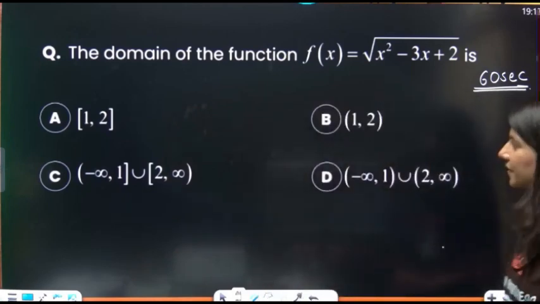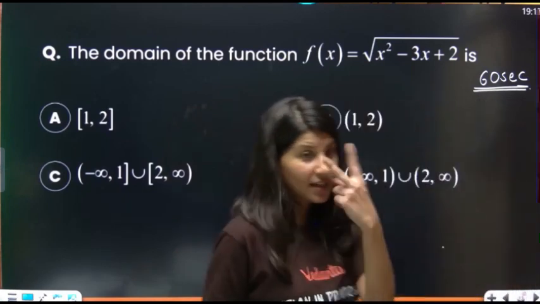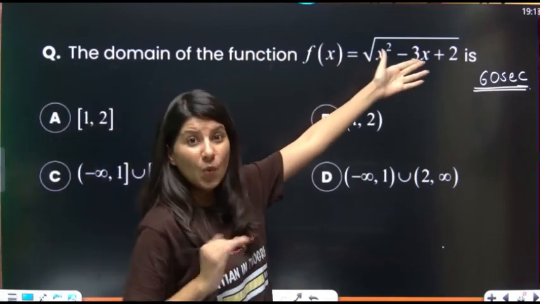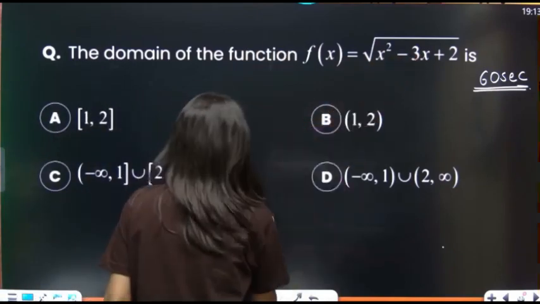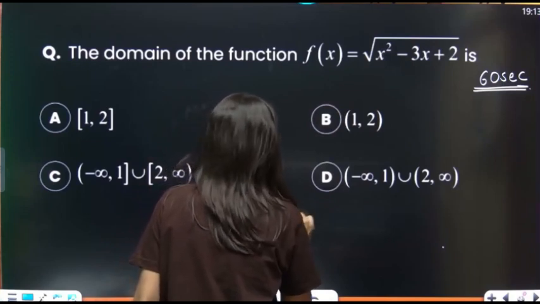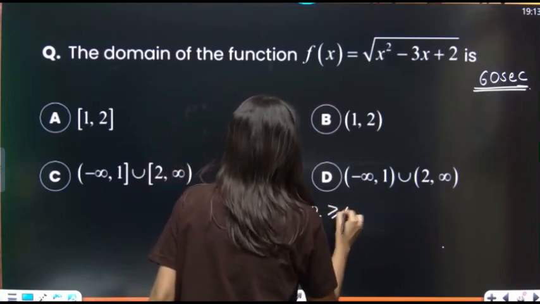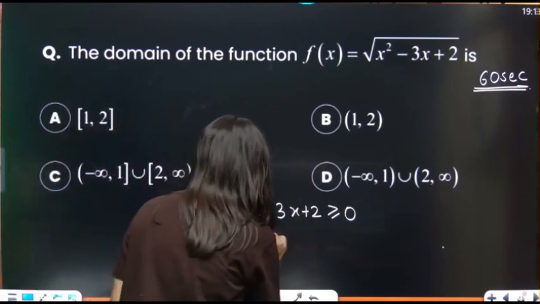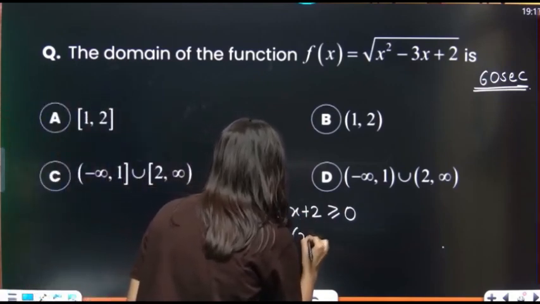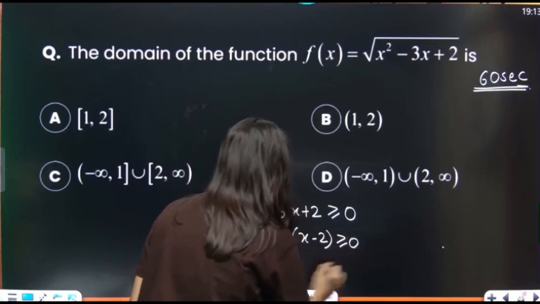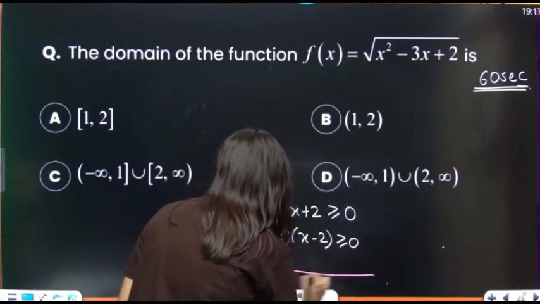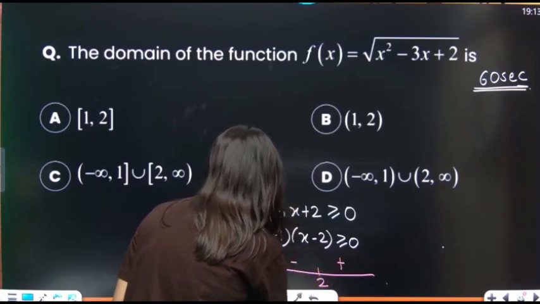All right, students are saying C. Let's see whether C is correct or not. I told you, whenever you see square root in the numerator, x square minus 3x plus 2 should be greater than or equal to 0. How many of you have done this? Now splitting the middle term. (x minus 1)(x minus 2) greater than or equal to 0. On the number line, just plot the critical points, 1 and 2: positive, negative, positive.